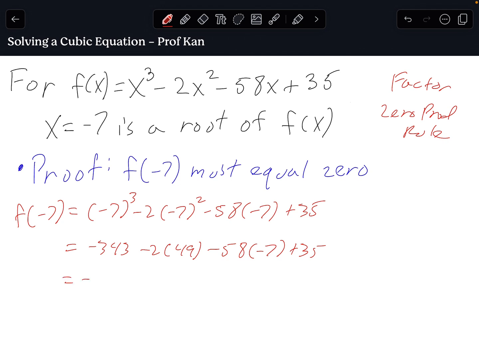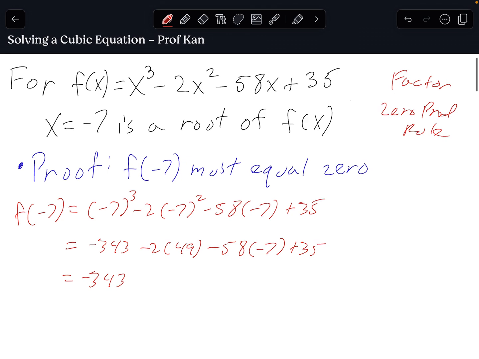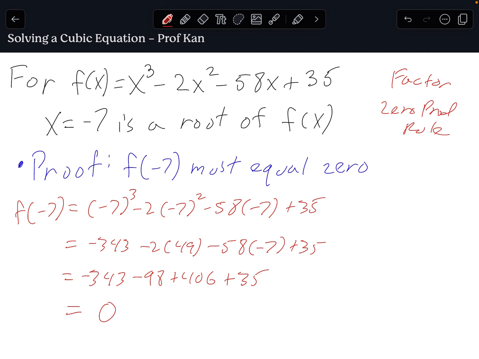Multiplication is next. So -343 minus 98 plus 406, the result of -58 times -7, plus 35. And we can add all these together and it gets 0. This checks off that -7 is indeed a root of f of x, this polynomial.